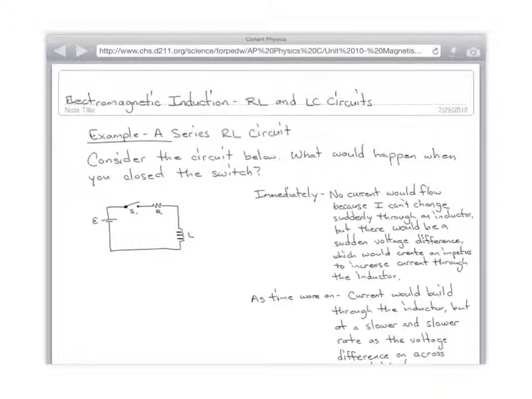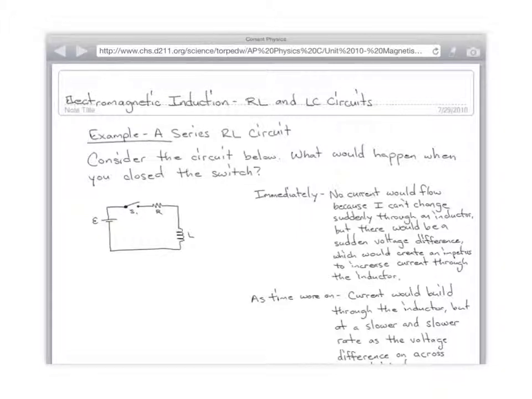What happens when you close the switch? Starts flowing. But the instant after, were you here yesterday? And we talked about inductors? And you saw the arky-sparky? Why did the arky-sparky happen? What does an inductor hate to do?